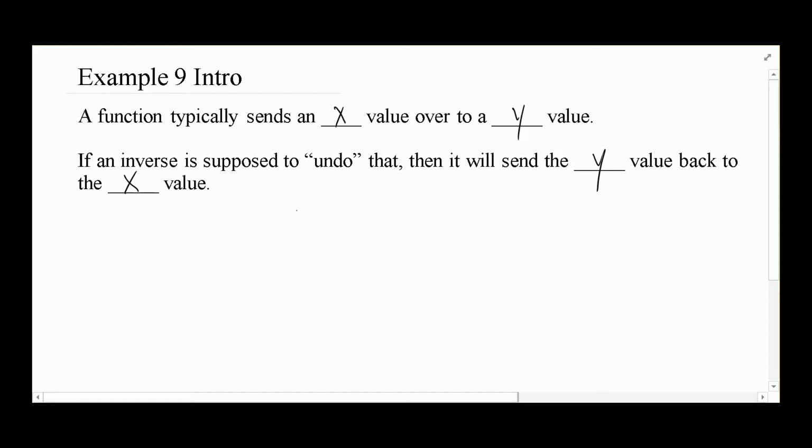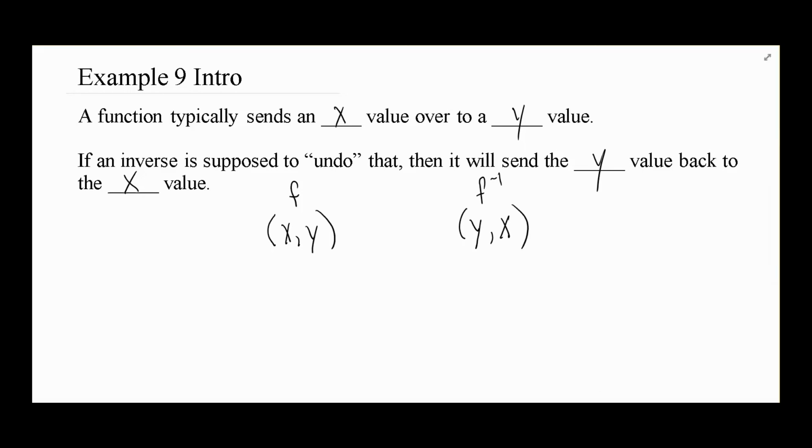In other words, the function says my input is x, my output is y. The inverse says, let me take that y and send it back to x. My input is the y, my output is the x. That's what's going on with these inverses.